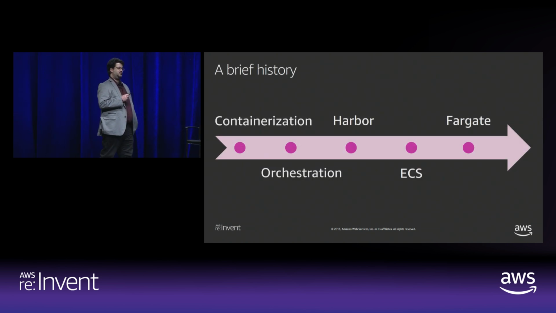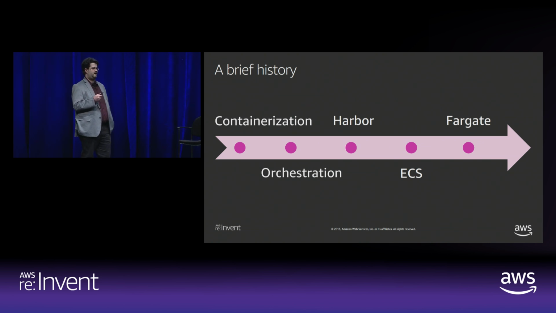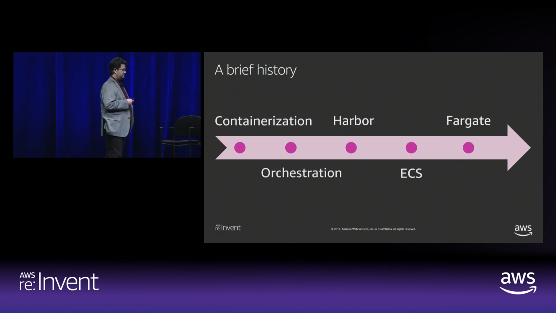So why did we at Turner choose to adopt Fargate as a technology? Well, to get us started, let me give you a brief history of our path up until now. A while ago, we realized the benefits of containerization.